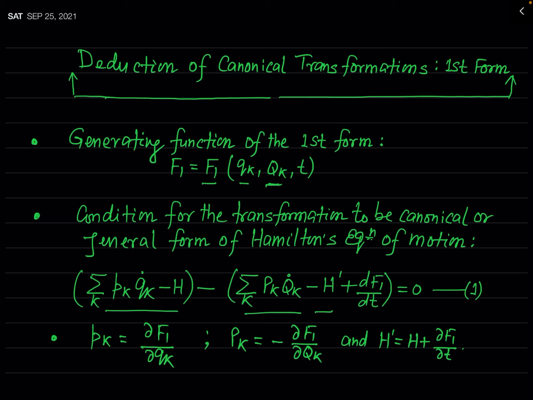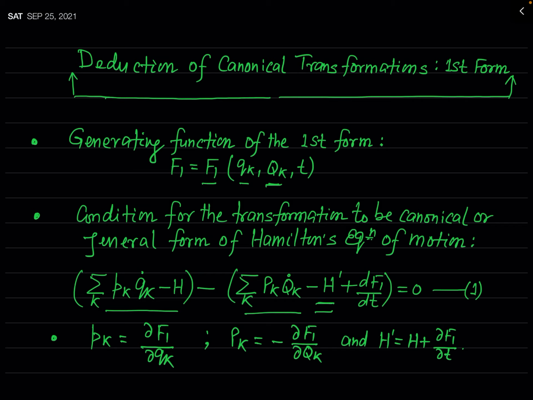Here h prime is the Hamiltonian of our system in the new coordinate system, and f1 is our generating function of the first form.